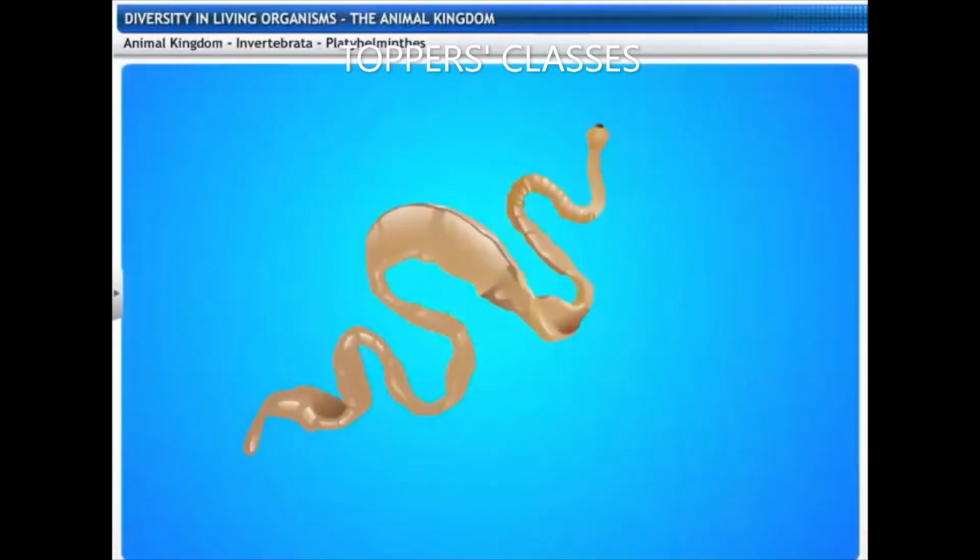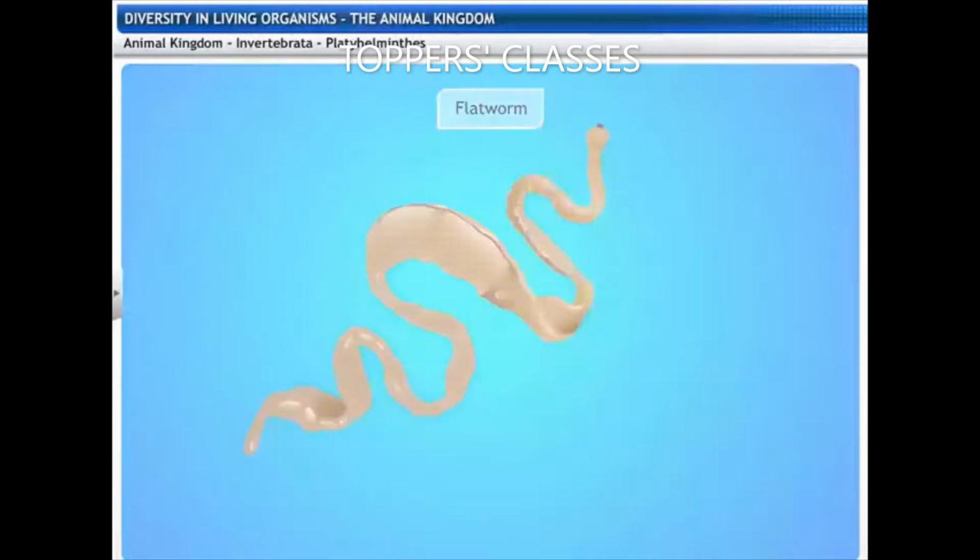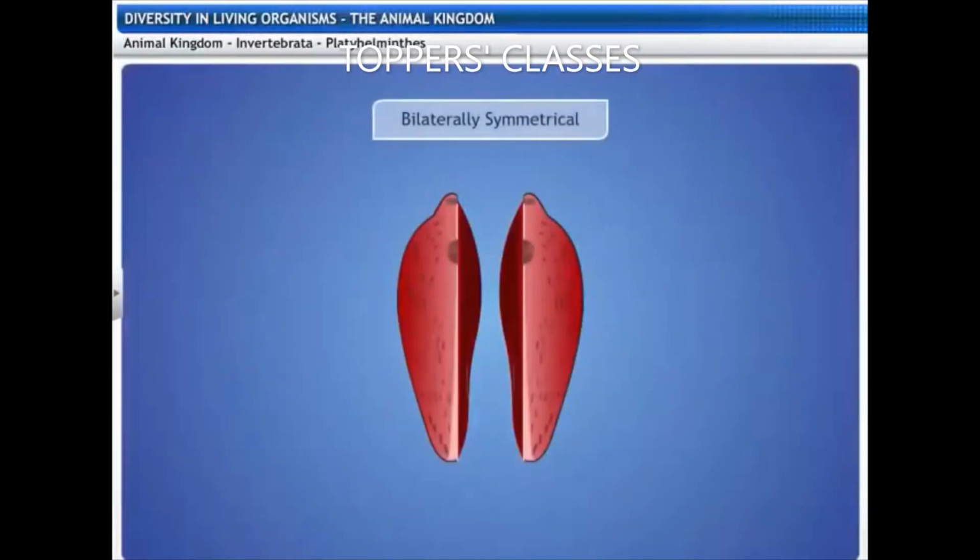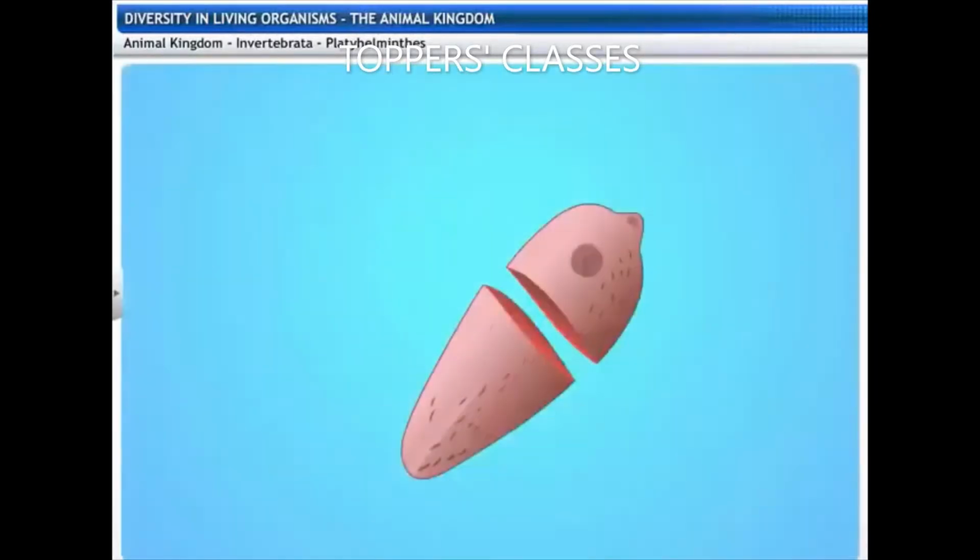Their bodies are dorsoventrally flat and ribbon-like, and they are hence called flatworms. Their bodies are bilaterally symmetrical, meaning that the left and the right halves of the bodies have the same design.